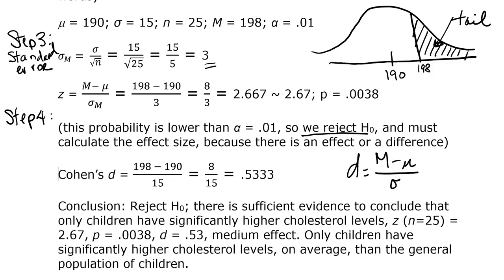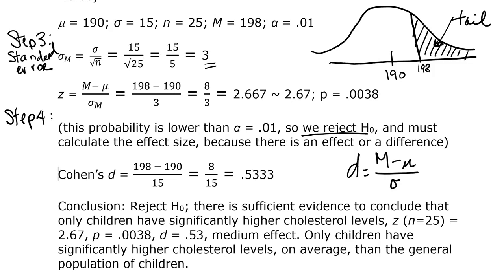Next is to write this out. That's the last part of the problem, to write an APA style conclusion. So here it is. Reject the null. There is sufficient evidence to conclude that only children have significantly higher cholesterol levels. Remember, it's a comma, and now we have to provide the statistical evidence, to back it up. So z, n equal to 25, is equal to 2.67, comma, p is equal to 0.0038, comma, d is equal to 0.53, comma, medium effect.